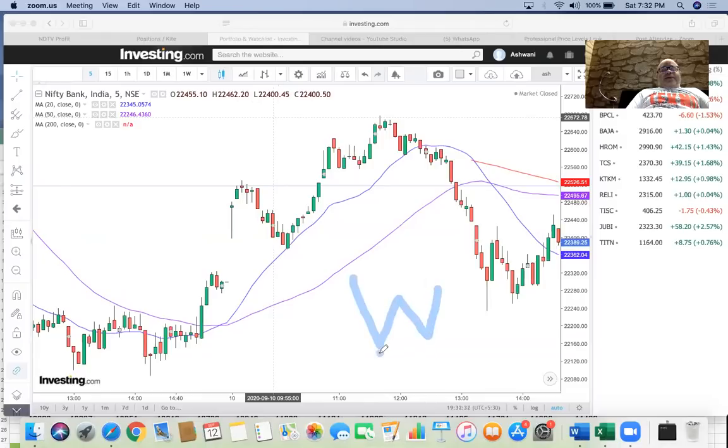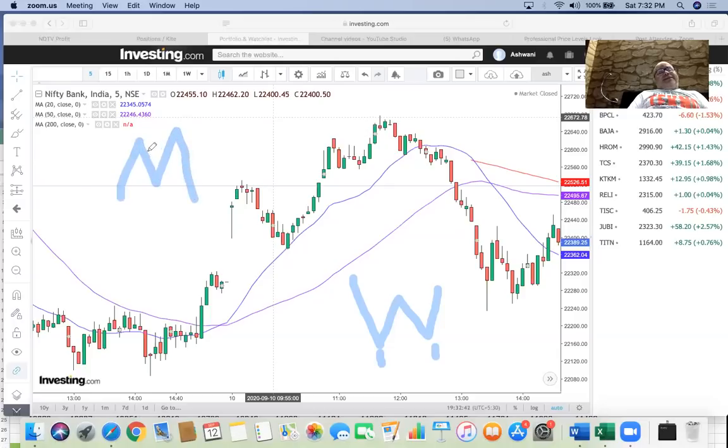Now this can be on the previous day, this can be on the current day, or a pattern like that. The spring, basically one peak is higher than the other, but in general the rejection can happen from the same level also. If it happens after this high is crossed, then the downside is larger.